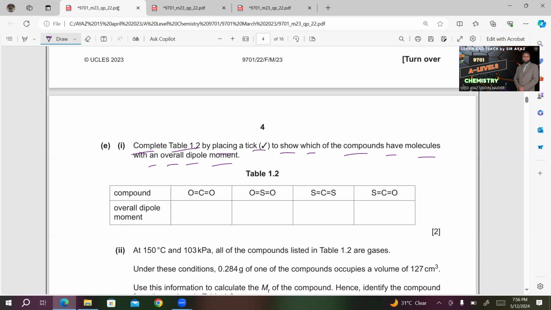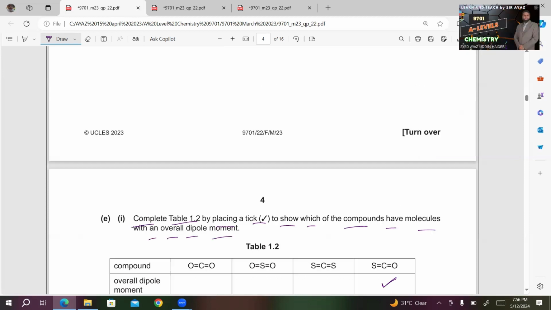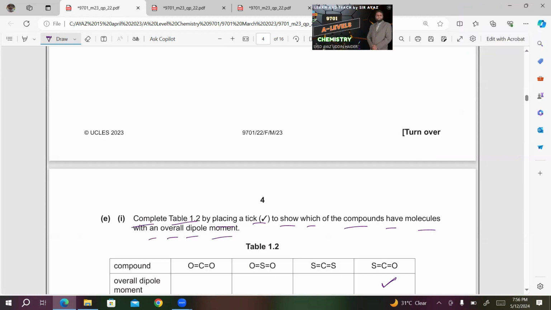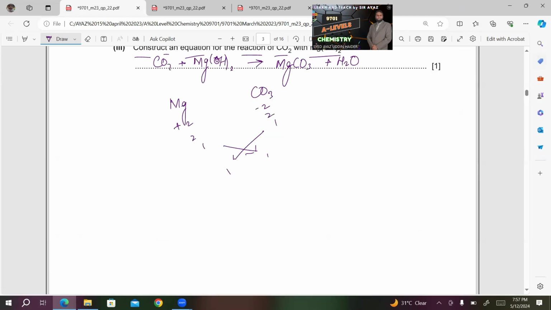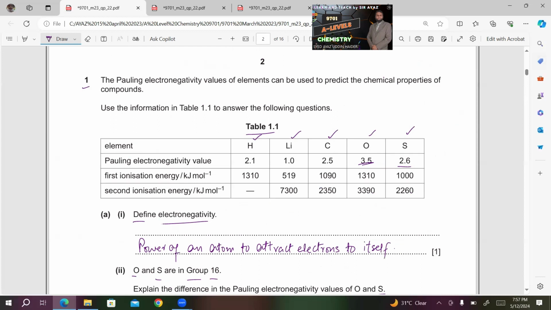SCO must have a dipole, for sure. It must have a dipole if you look at the position of these atoms. Look at the electronegativity values. In SCO, oxygen must be the most electronegative, so there must be a dipole.